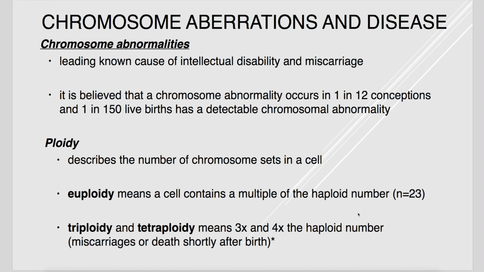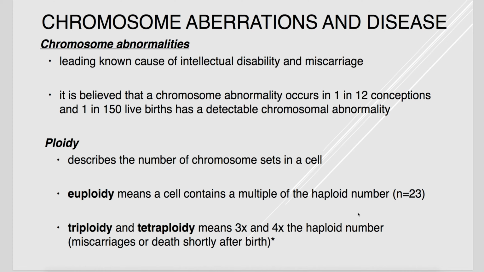Now, ploidy basically describes the number of chromosome sets in a cell. Euploidy means the cell contains a multiple of the haploid number. Remember, the haploid number is 23. So, for example, normal somatic cells and normal gametes are called euploid because gametes have 23 chromosomes and the somatic cells have 46, which is a multiple of 23.